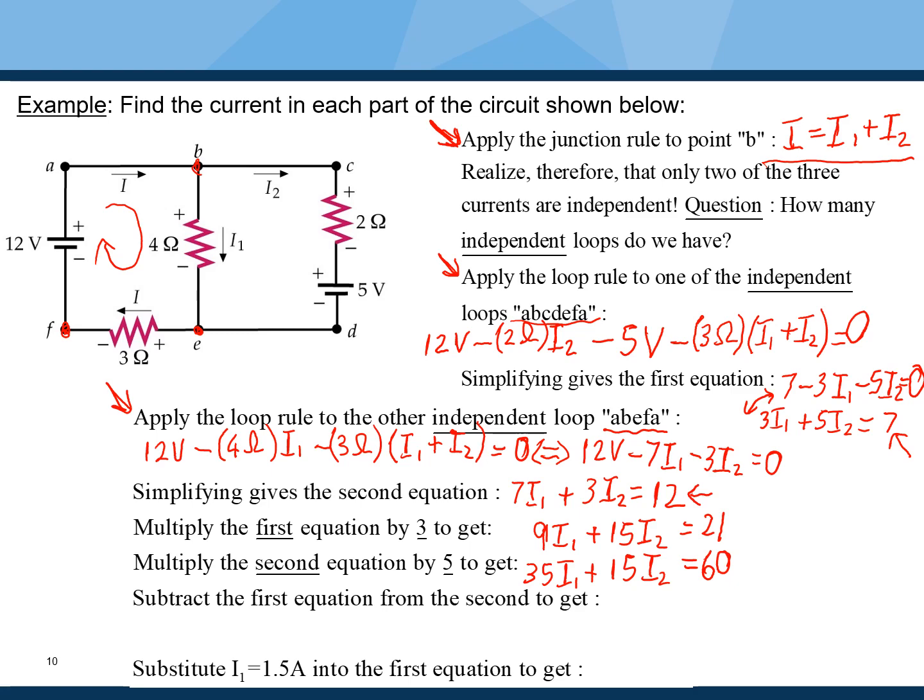Now, if I subtract the first equation from the second equation, I'm doing a little switcheroo. I'm writing the second equation first. I have 35I1 plus 15I2 is equal to 60.